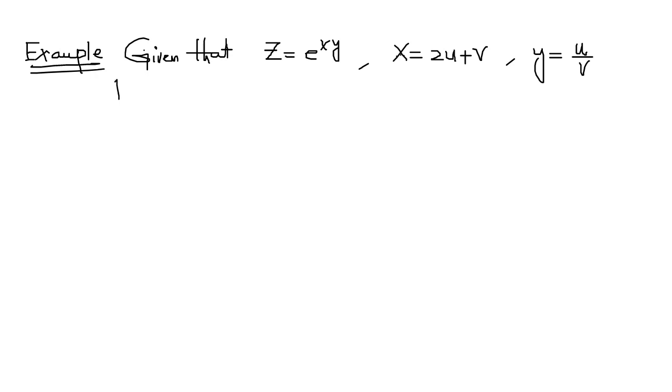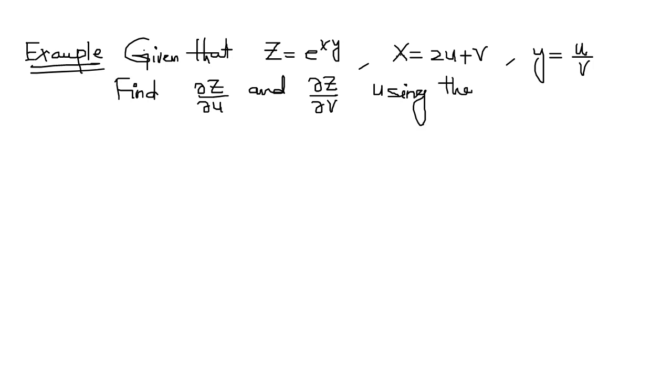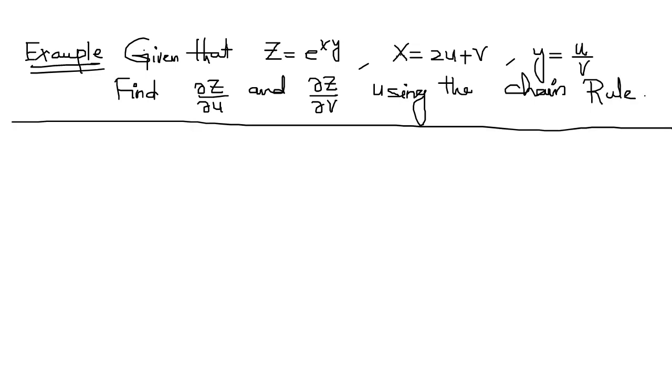Then you have to find the partial derivative of z with respect to u and the partial derivative of z with respect to v using the chain rule. Okay, first we will find this one.